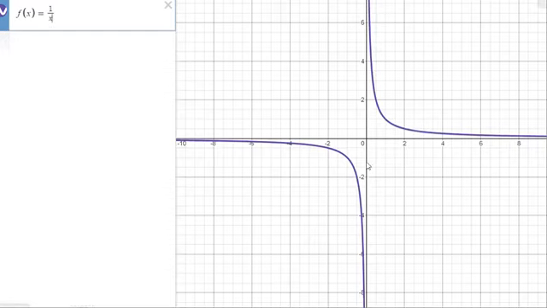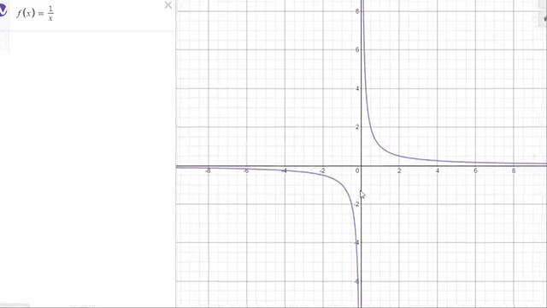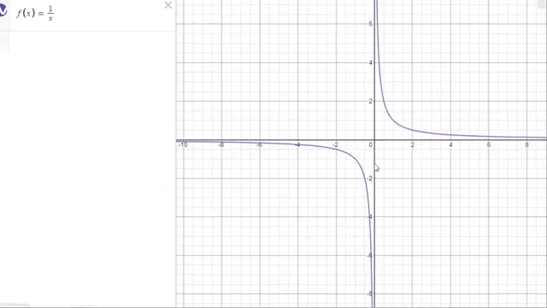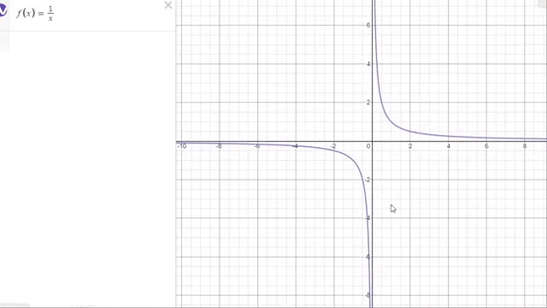Notice there's no point on the y-axis, or the x-axis for that matter. And that's because the y-axis and the x-axis are asymptotes. Asymptotes, right? So now we're getting into really complicated functions where you have what are called vertical and horizontal asymptotes. And 1 over x has them both.